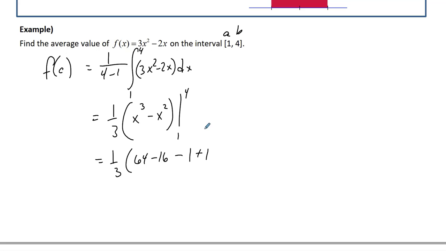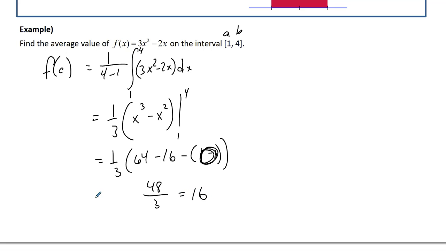Let me show you what I'm doing here. It's 64 minus 16, minus, now I'm plugging in the 1, so 1, and then this is also minus 1. So 1 minus 1 is 0, but that's just going to cancel. It becomes 0. Fantastic. So this is going to be 48, then times 1/3, which is going to be 16.